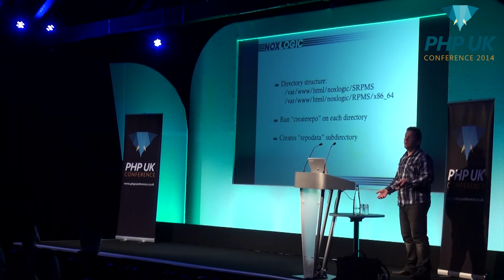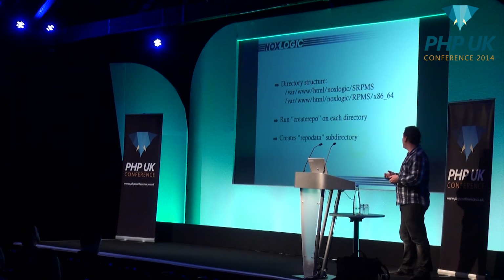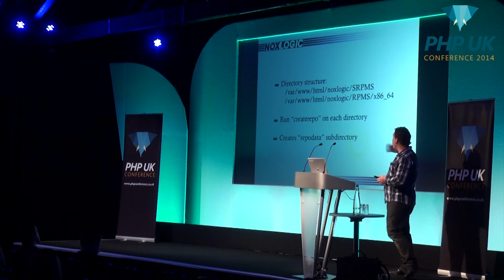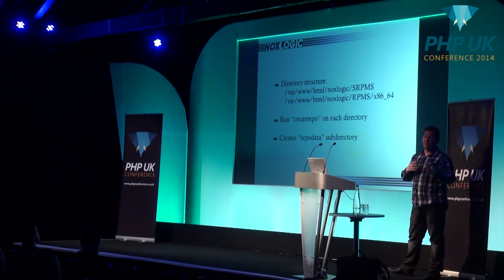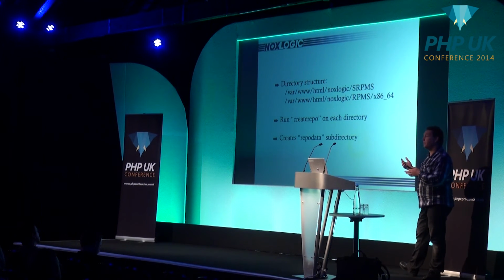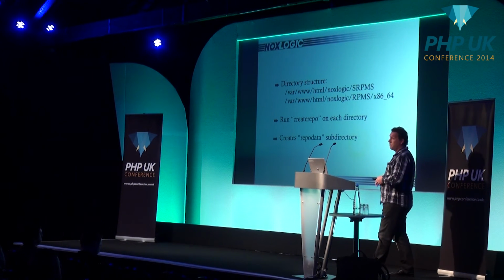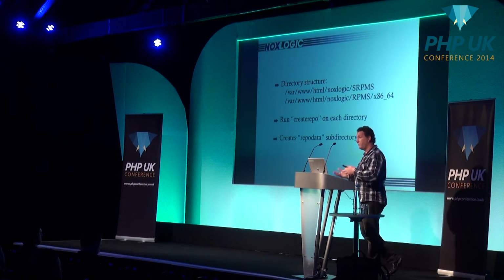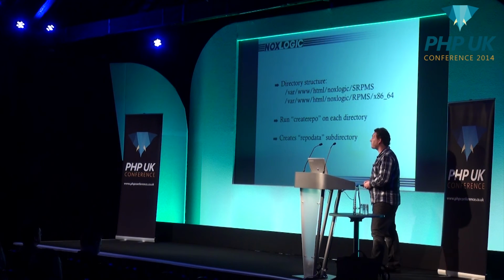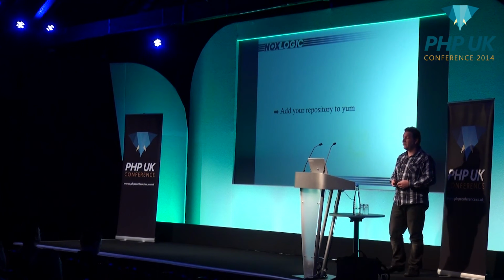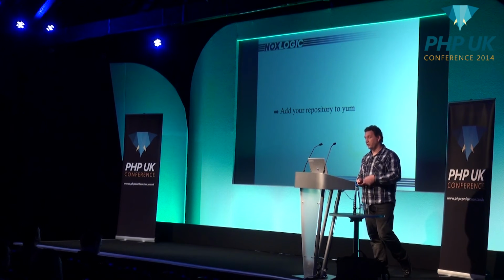So what you normally do is you copy your RPM files over to these directories, run createrepo, and then all the servers that use that repository can find the updates or find the new packages on your system. So it's really easy to do that.